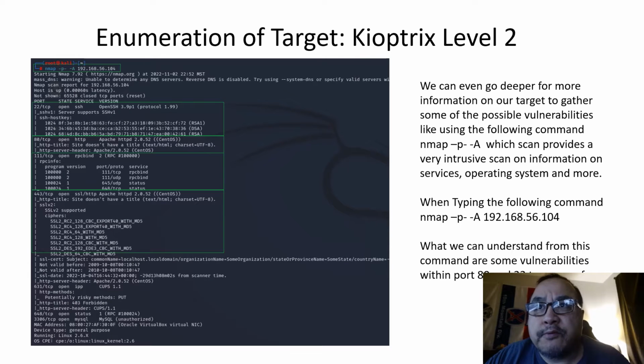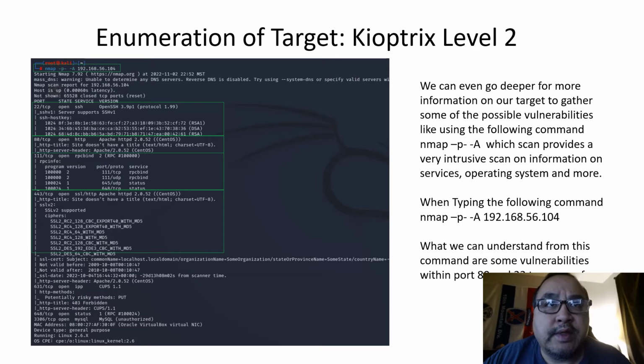We can go even deeper for more information on our target to gather some more possible vulnerabilities, like using the following command, nmap -p- with our IP address of 192.168.56.104, and it provides us more vulnerabilities.